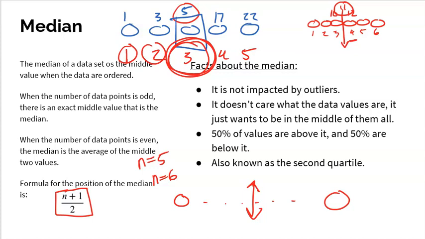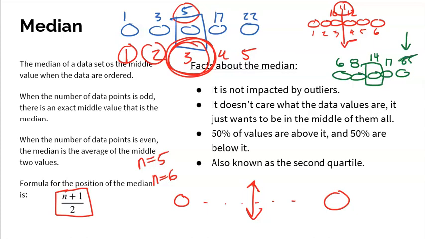Now, the nice thing about a median is it's not impacted by outliers. I know I'm getting really crazy here with my space, but again, think about if I have 5 values. Right here is the median, no matter what the value is. This could be 6, 8, 14, 17, 85. Obviously, this 85 is probably an outlier. It's not even close to the rest of the data, but that doesn't change the median.